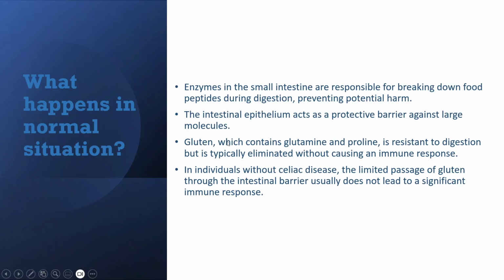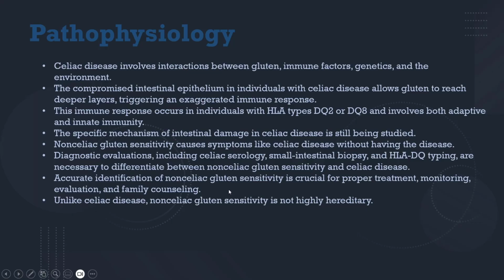Now gluten, which contains glutamine and proline, is resistant to digestion, but it is typically eliminated without causing an immune response. In individuals without celiac disease, the limited passage of gluten through the intestinal barrier usually doesn't lead to a significant immune response.